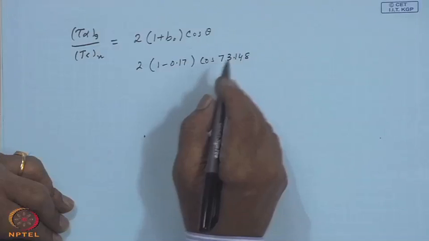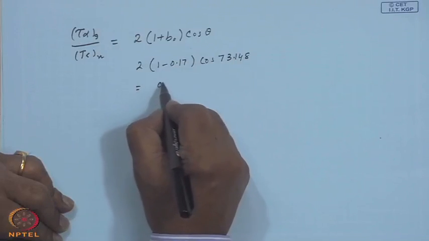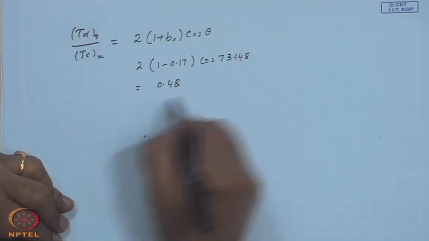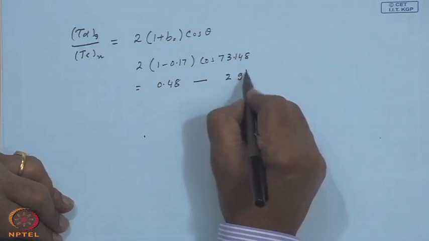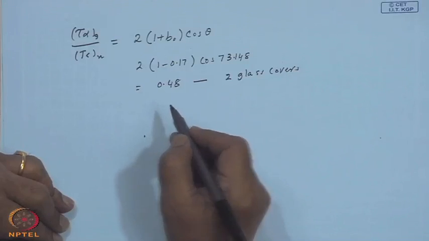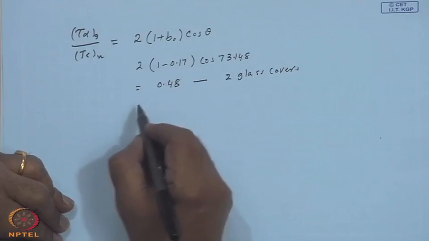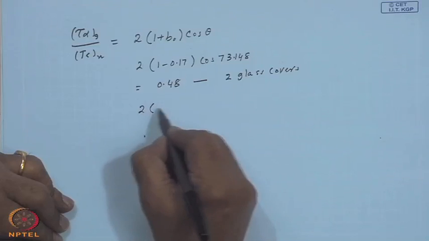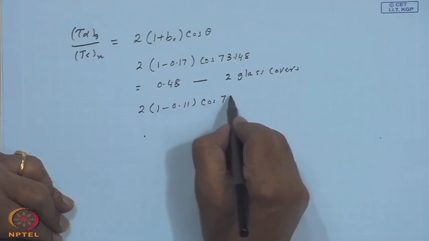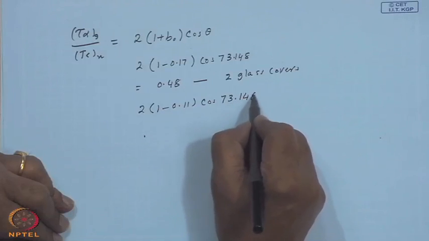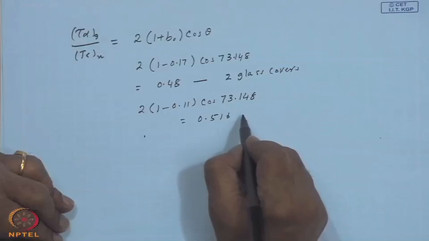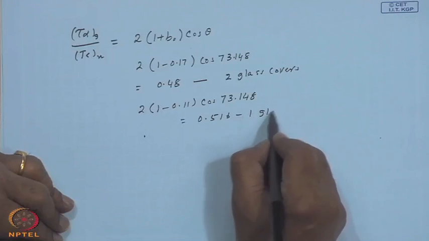So much accuracy is not needed, because there are many approximations we have been doing. This comes out to be 0.48 for two glass covers, and if it is one glass cover, you have 2 into 1 minus 0.11 into cos 73.148, which is 0.516 for one glass cover.